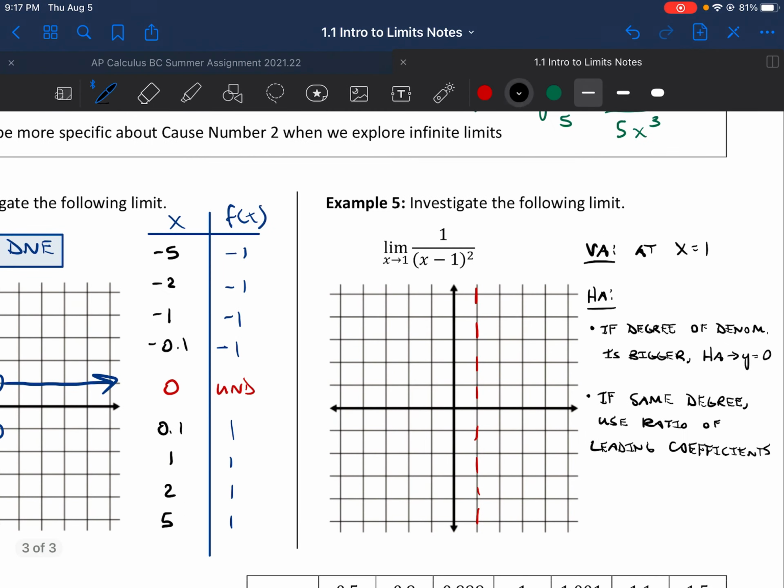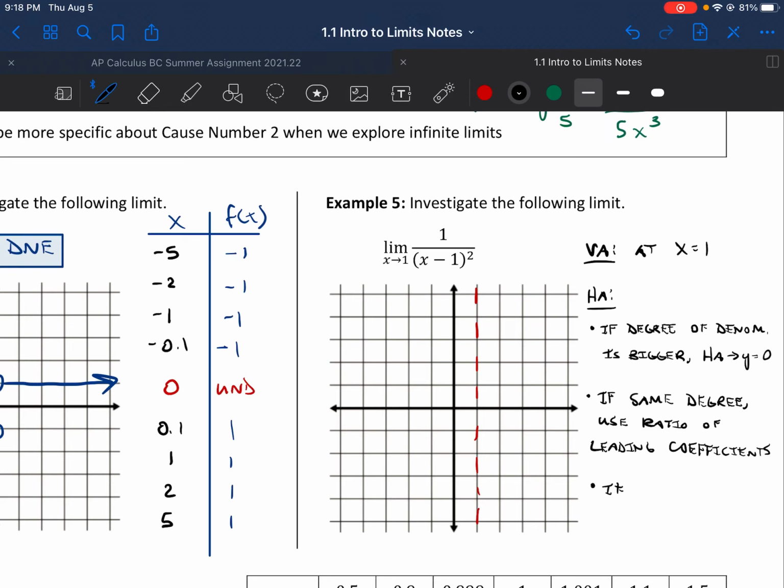Now the other case is, we saw if the denominator has a bigger degree, horizontal asymptote at y equals 0. Same degree, use the leading coefficients, take the ratio of them, and that gives you your horizontal asymptote. But if the degree of the numerator is bigger, then you don't have a horizontal asymptote.